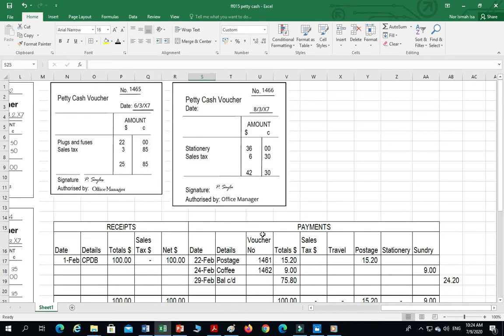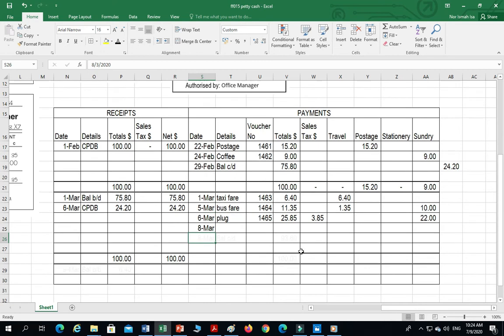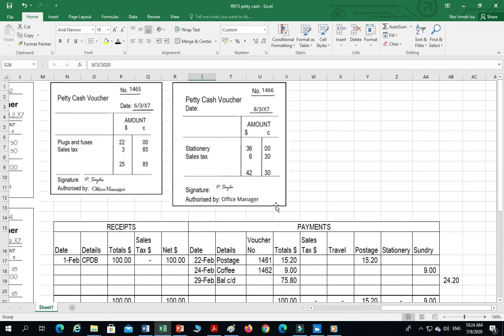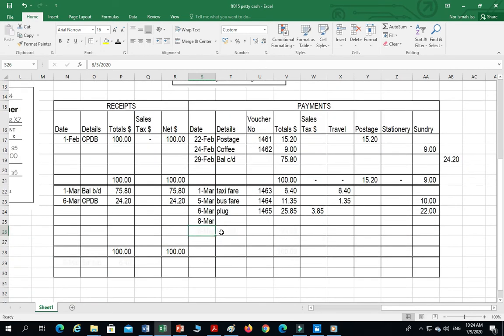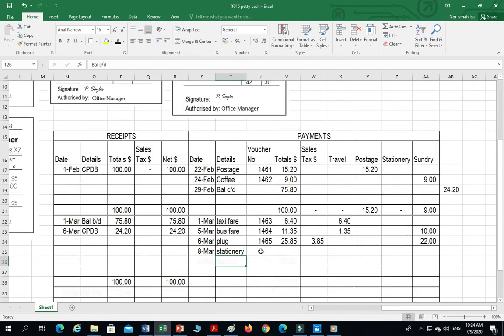And lastly, on 8th March, this is payment claimed by the staff for stationery.